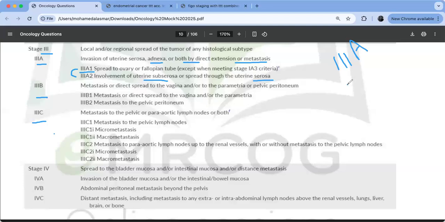Or sometimes he can be more specific and give me the sub-staging, 3A2. Which one is more correct, the first answer or the second answer? Both are correct, but if you have to choose between them, which one will you go for? 3A2, well done.